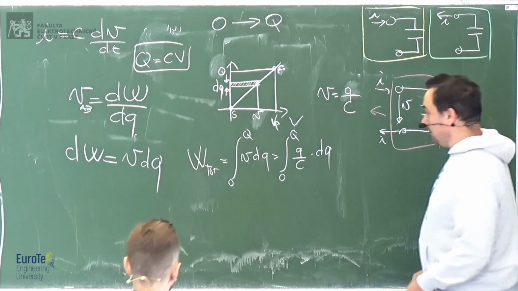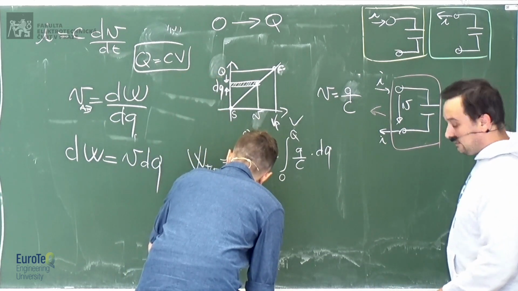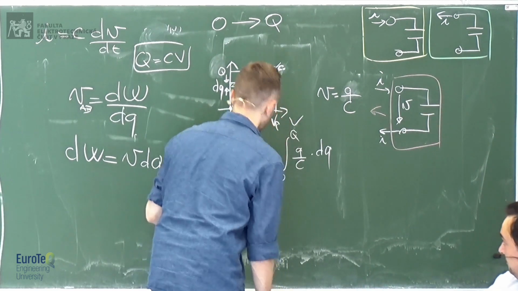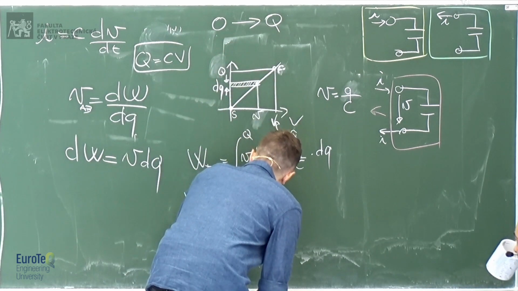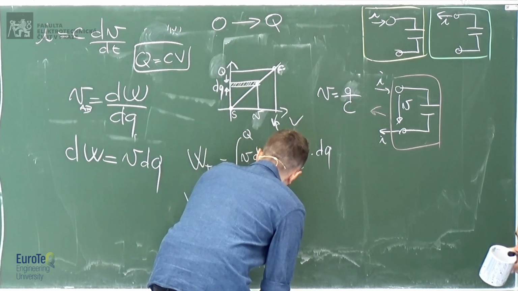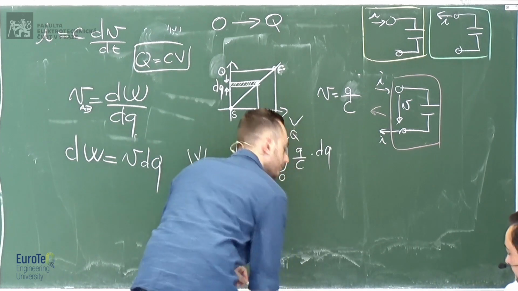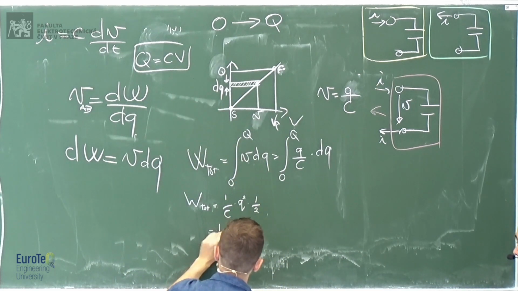Then W total is going to be 1 over C times Q squared over 2. Times 0.5, so that's going to be half.